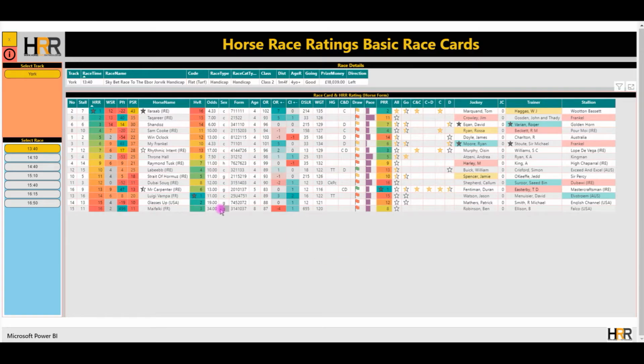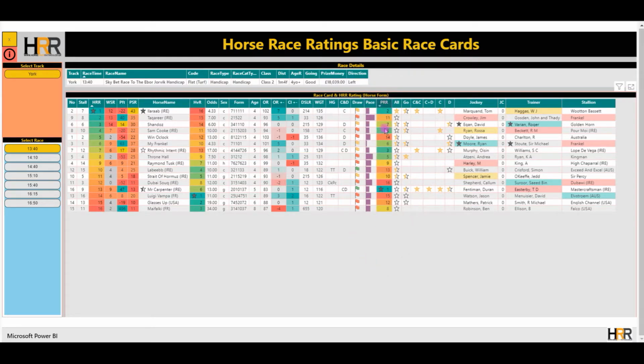The smaller the bar, like with Mike Frankel here, based on the previous runs, it's more than likely going to be held up. If it's in the middle, the horse has either raced prominently or has been held up, or generally runs mid-division from the get-go. So that's what the pace bar is.